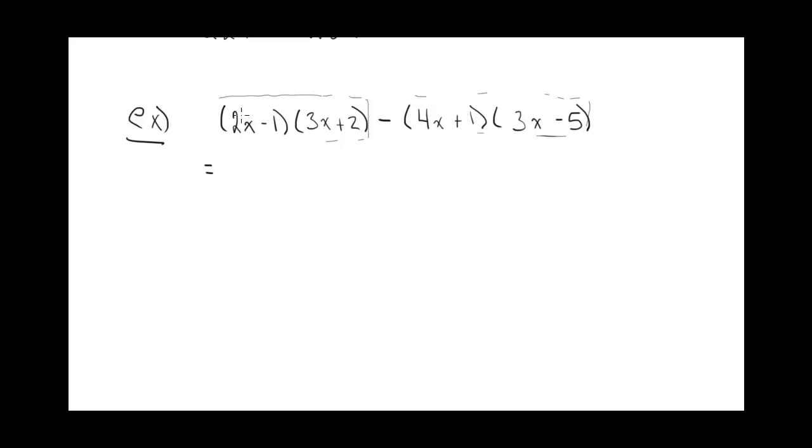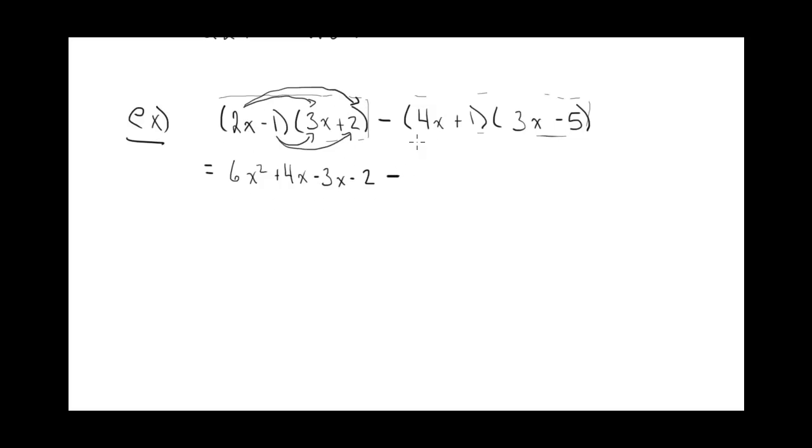So we know how to do this. Let's just distribute the first term into the second binomial, and then distribute the second term into the second binomial. So 2x times 3x, 6x squared, 2x times 2, 4x, minus 1 times 3x, minus 3x, and minus 1 times 2. Okay, so that's the product of the first two.